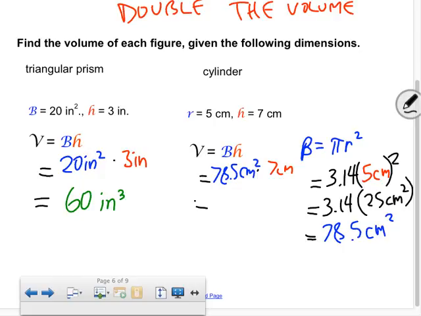What's that going to equal? Makeda, yes. 549.5. Nice. It's 549.5 centimeters cubed.